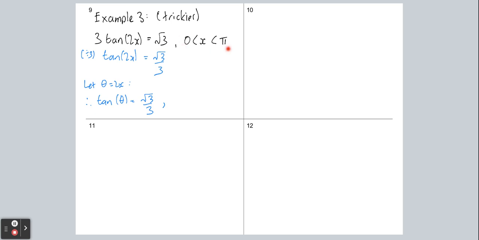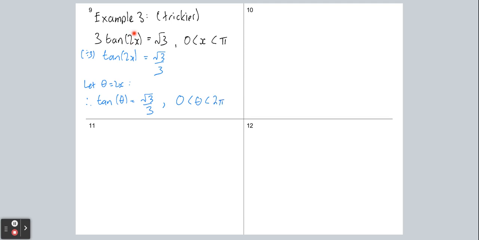We look at our previous domain, which is x between 0 and pi, and because theta equals 2x, we are now going to have theta between, and we are going to multiply the endpoints by this value 2 as well. 0 times 2 is 0, 2 times pi is 2 pi.